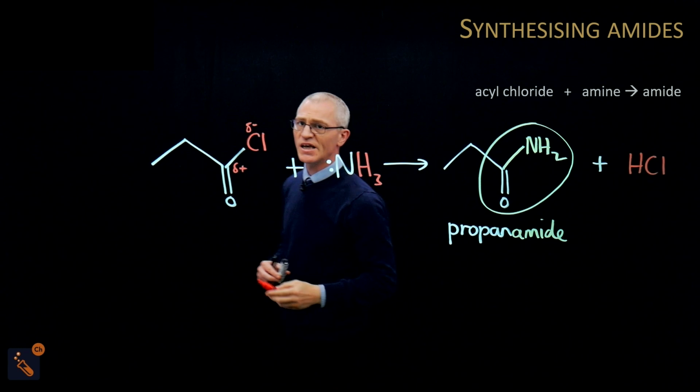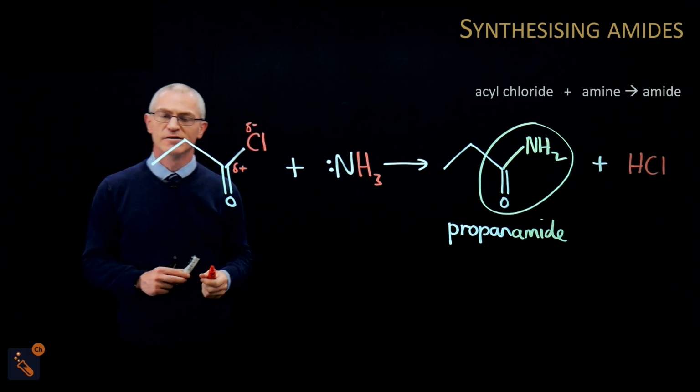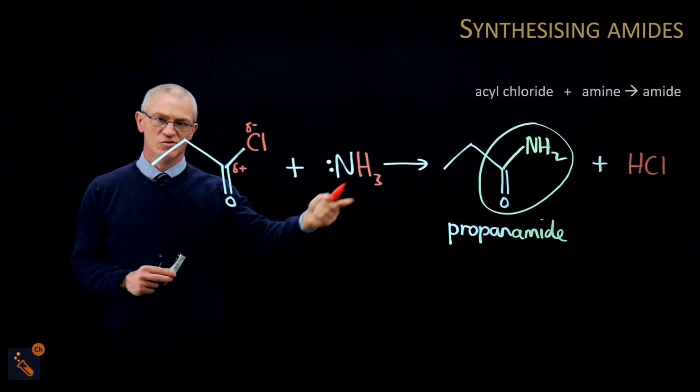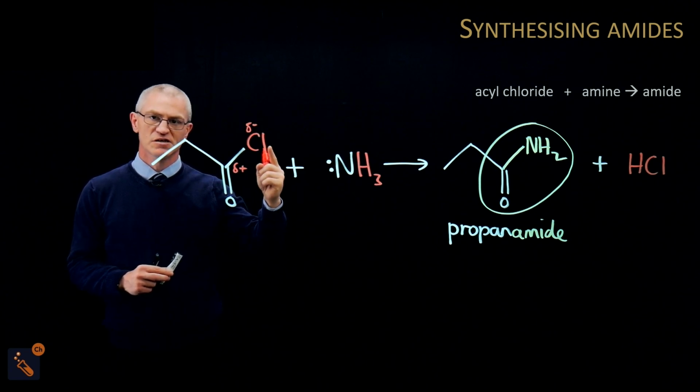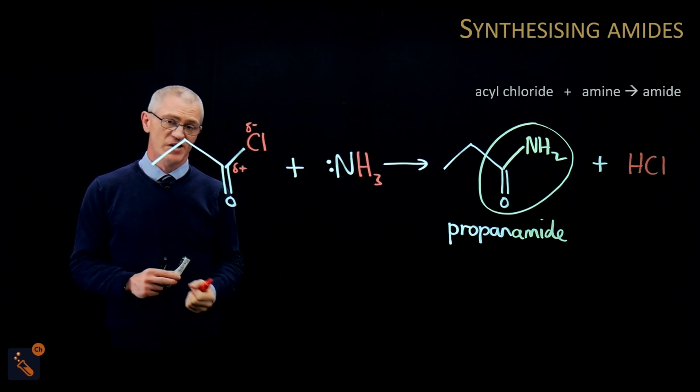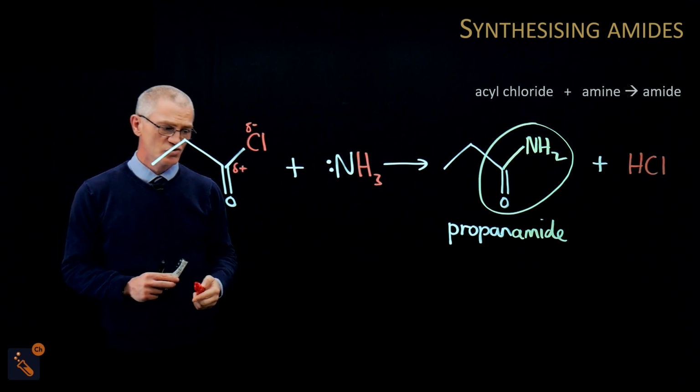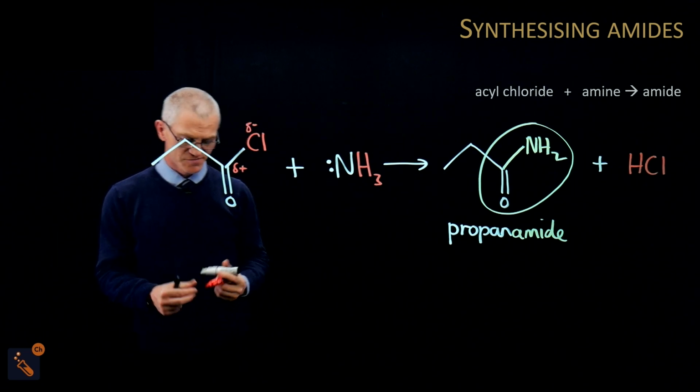Now, a little bit of a complication here. If this is in a 1-to-1 ratio, there won't be a lot of ammonia around, okay, and you'll just get this reaction happening. But let's just say your ammonia is in excess.